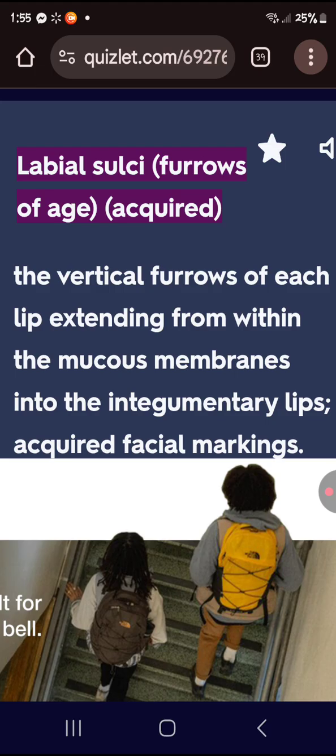Labial sulci are also called furrows of age. Labial, you know it's lips, lip wrinkles. But these are the main character lip wrinkles, the labial sulci, because they're the furrows of age.